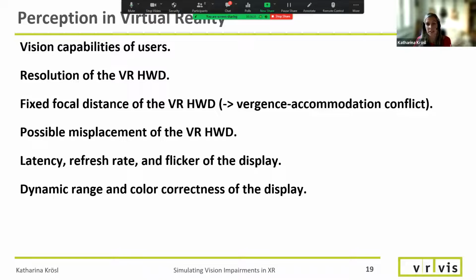So this list is not complete, but it contains the most relevant factors that influence perception when we try to simulate vision impairments and calibrate symptoms in VR. What this basically means for us is that as soon as you put on a VR headset, you will already experience a mild vision impairment. So we acknowledge all of these factors and just add our blur on top of this.